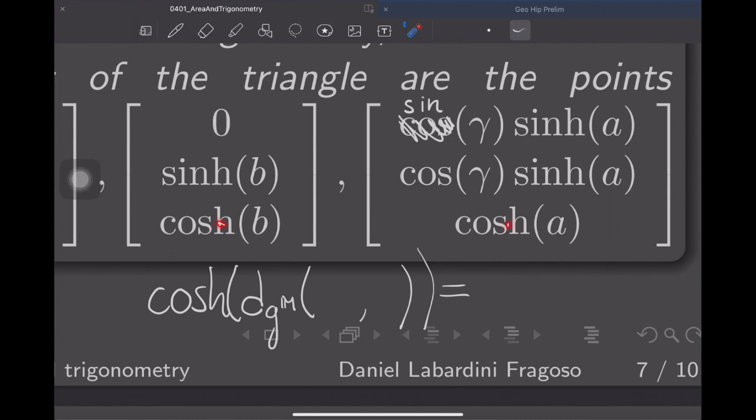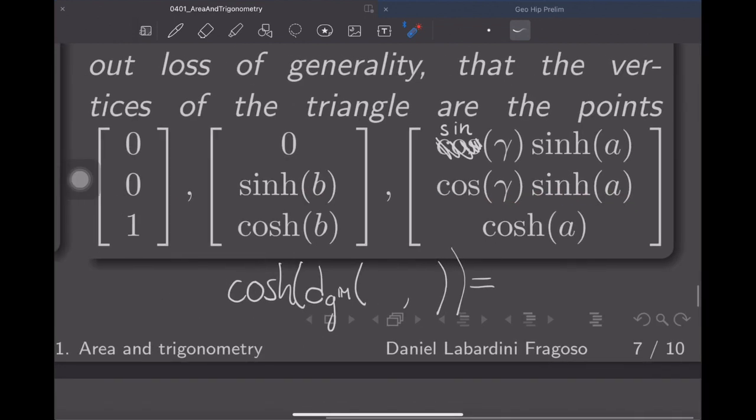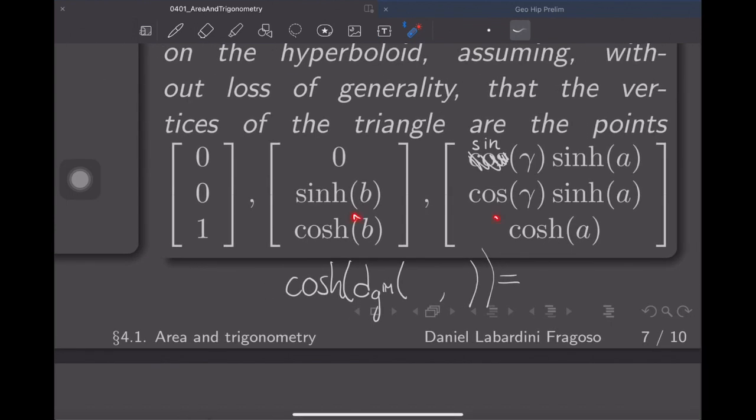So it's this times this, minus this times this, minus this times this. Okay, this times this is hyperbolic cosine of B, hyperbolic cosine of A, minus cosine of gamma, hyperbolic sine, hyperbolic sine. Okay, and now what's the distance between these 2 points?